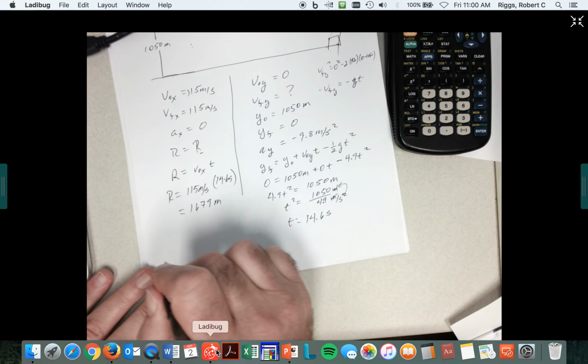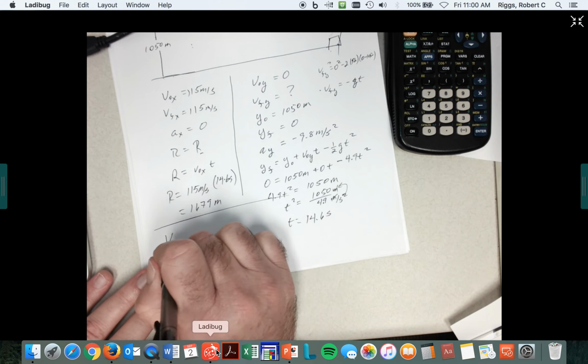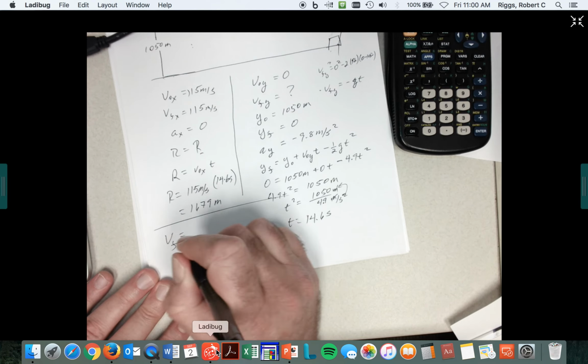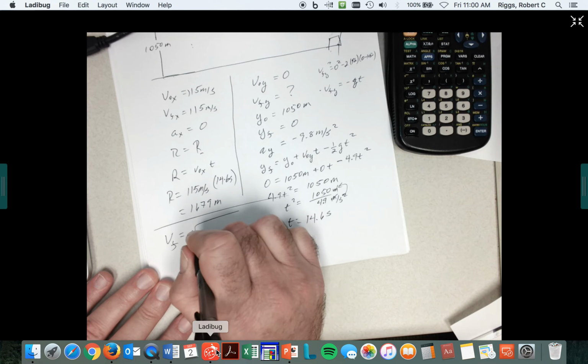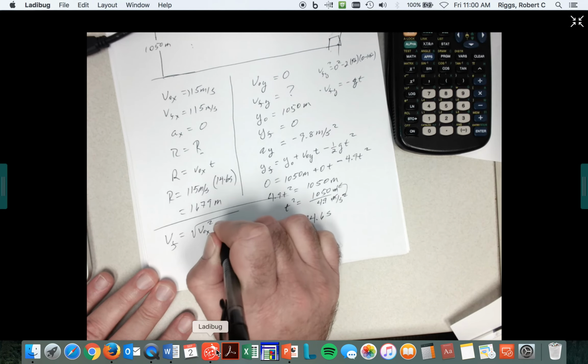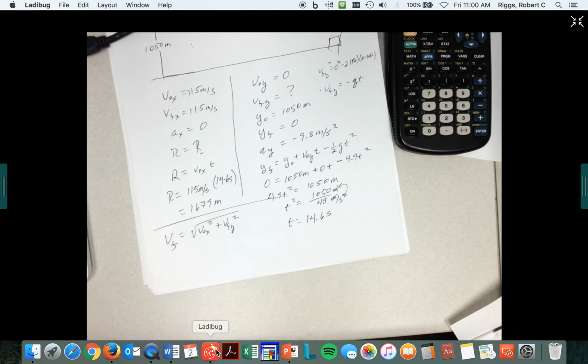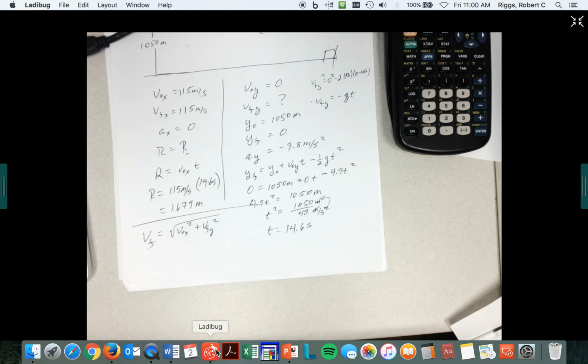And the final velocity is equal to the square root of v naught x squared plus v final y squared, because these two are the same. Oh, I didn't figure out what v final y was.